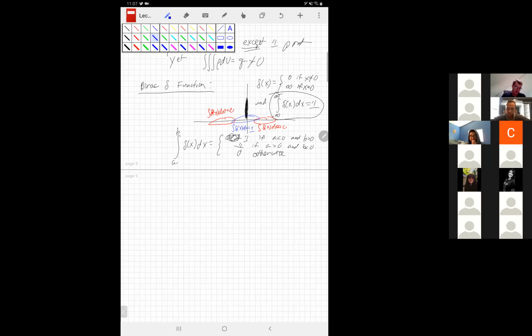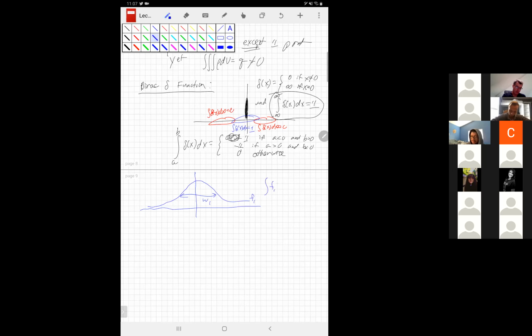The delta function, the best way to think about the delta function is this. I think of the delta function as the limit of a sequence of functions. Here's a function that has some width. I'll call this f1, it has width w1.